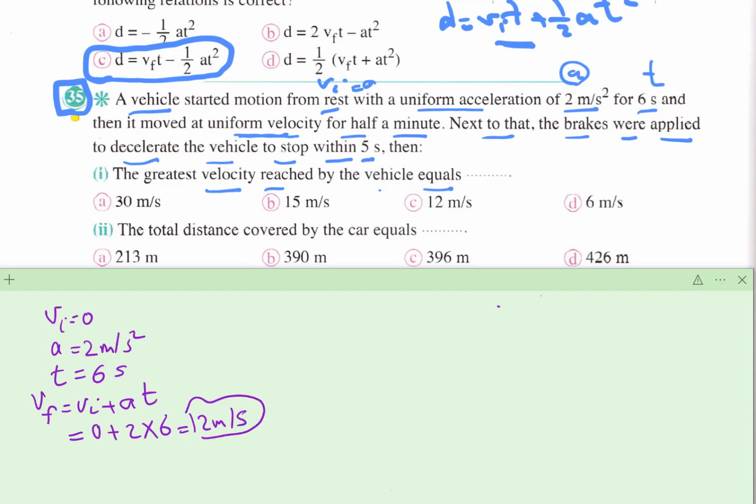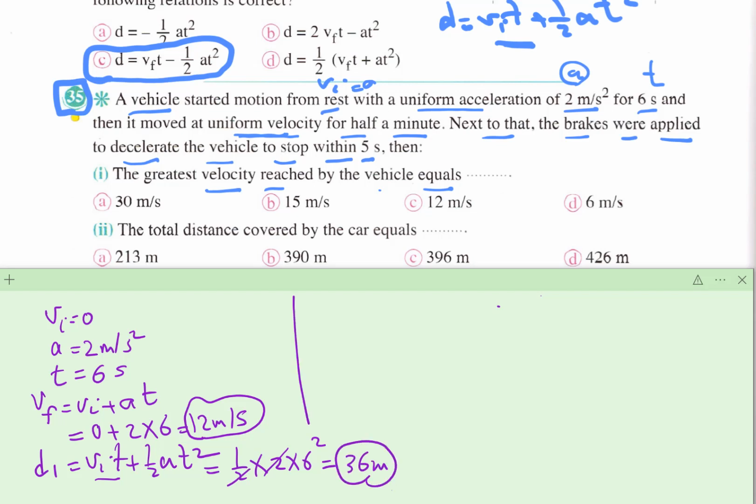And let's calculate the distance. Let's call it D1. D1 equals V initial T plus half AT square, so 0 times T, 0, plus half times the acceleration 2 times 6 square, 36 times 2 over 2, so 36 meters.